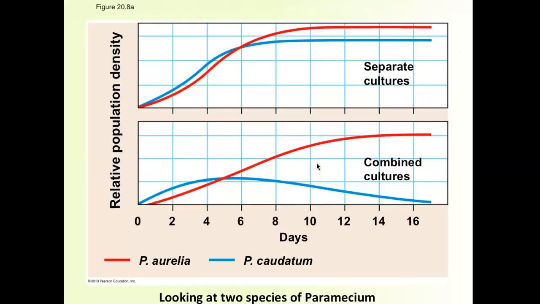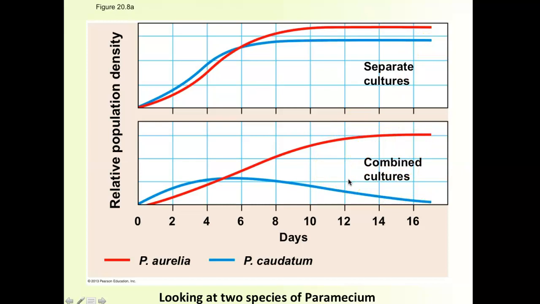Let's actually look at this picture first. This is a picture of two species of paramecium, and the red line is Paramecium aurelia, and the blue line is Paramecium caudatum. If you grew them separately in different cultures, look at their growth curves, very similar, right? They both go up in population and they have this carrying capacity. If you grew them together in the same petri dish, what happens?